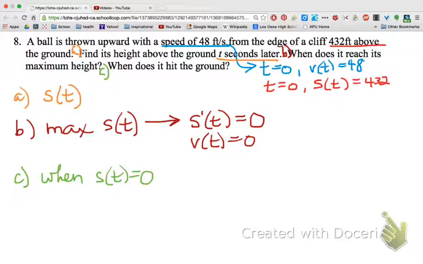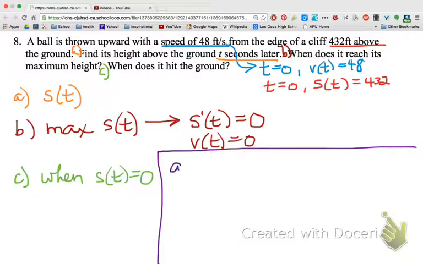Okay, so all of these have to do with position, and I currently do not see a position formula. Nowhere does it tell me what s of t equals. And it doesn't tell me what v of t equals, so the only thing I have that I can start with, that I know because it's a constant, is acceleration. So I do know, now this was feet, that acceleration is negative 32 feet per second squared.